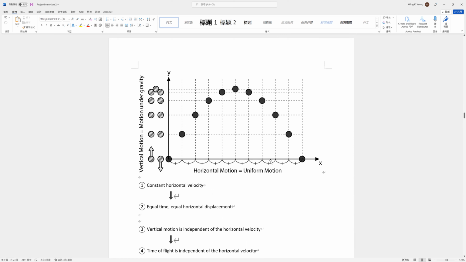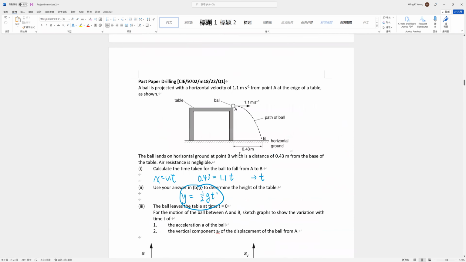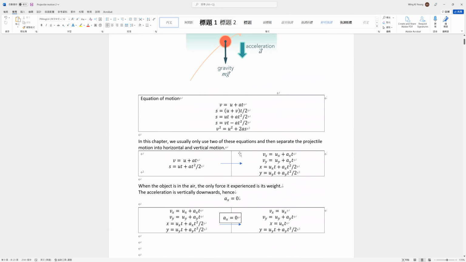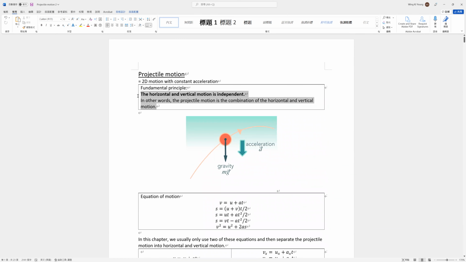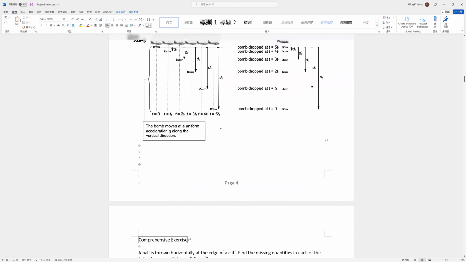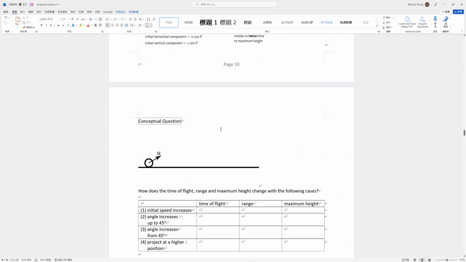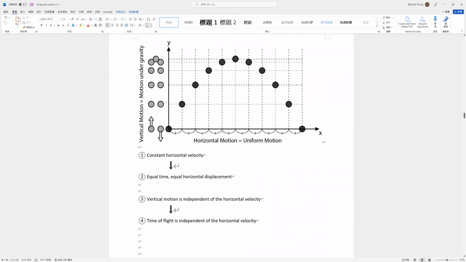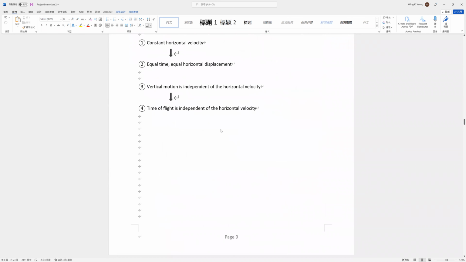The vertical motion and horizontal motion are independent of each other. That's what we talked about in the first place. Then we are going to take a look at the next one.